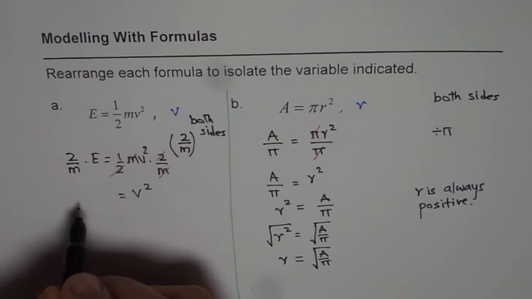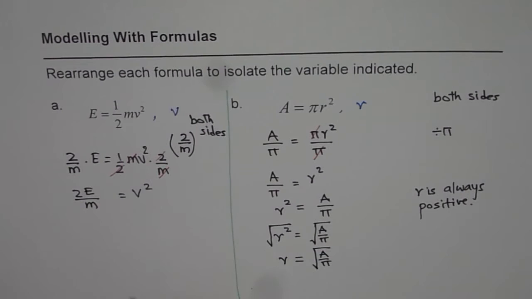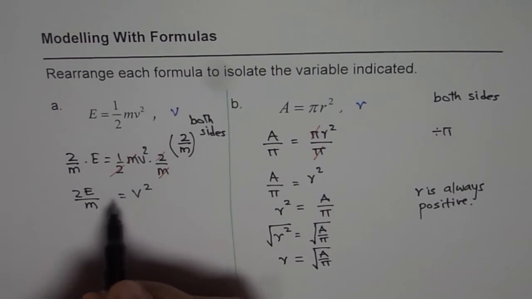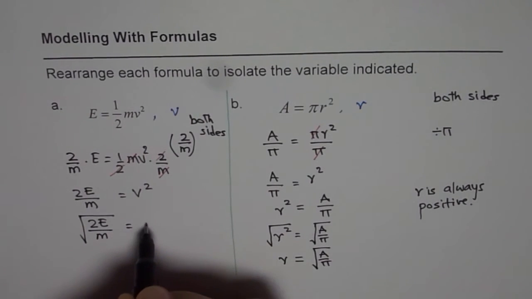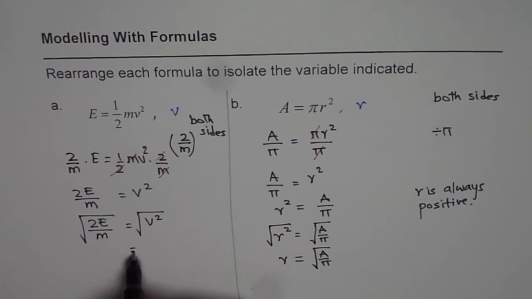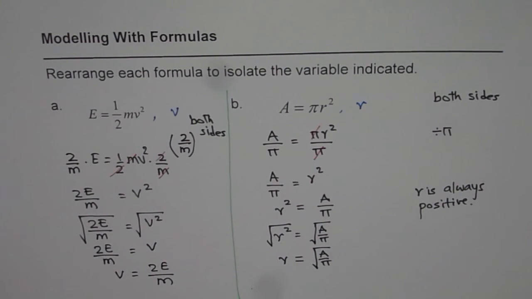And on the left side we have 2 times E divided by m, and we can square root both sides now. So we can write the square root of 2E over m equals the square root of v squared. The square root of v squared is v, and here we have 2E divided by m. This could be written as v equals the square root of 2E divided by m. So that is how we can isolate.